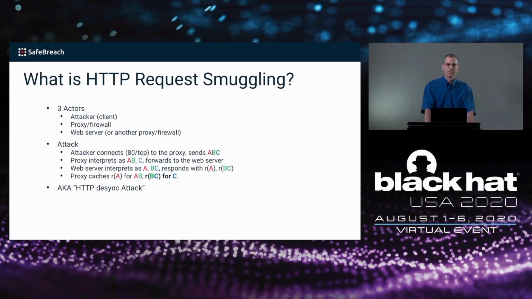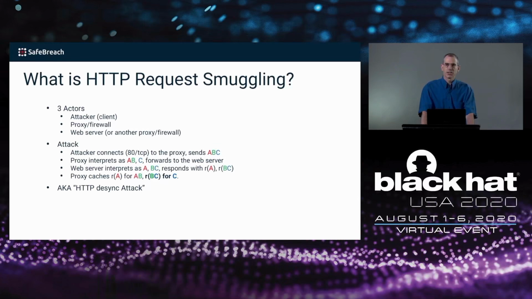The proxy interprets this stream as the first request being A followed by B, and the second request as C, and it forwards those two requests to the web server. The web server, however, interprets the stream as a first request A followed by a second request B and C, and thus responds with the responses for A and for BC.